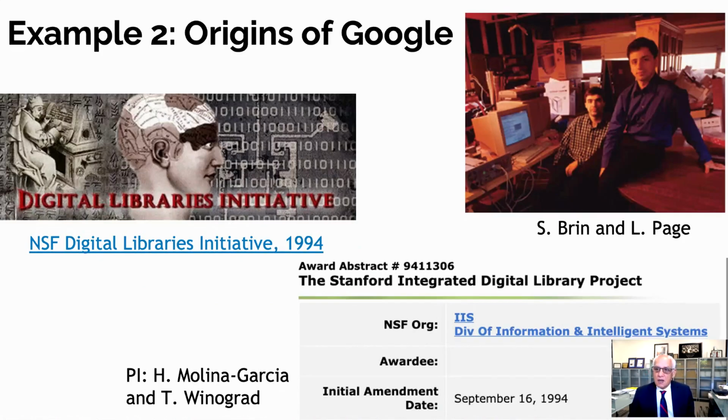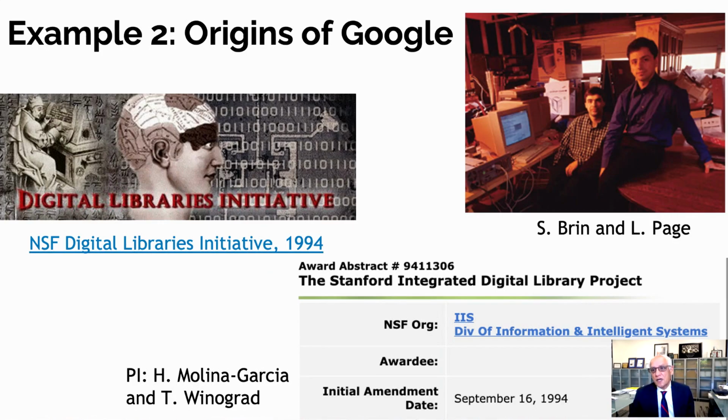That was my first example to see how fundamental engineering research becomes a major technological innovation. My second example is the origins of Google. In 1994, just as the internet and the web were coming into reality, the web HTTP protocol had been invented.